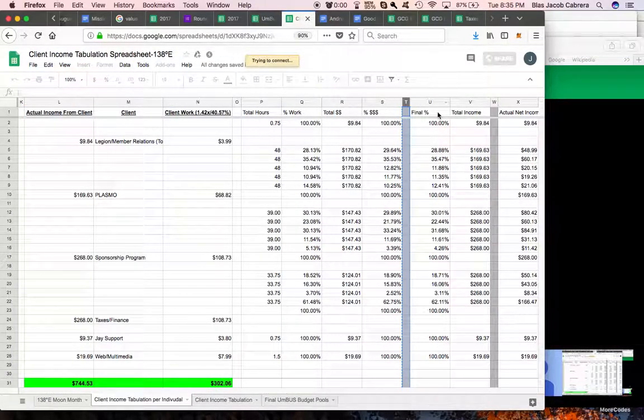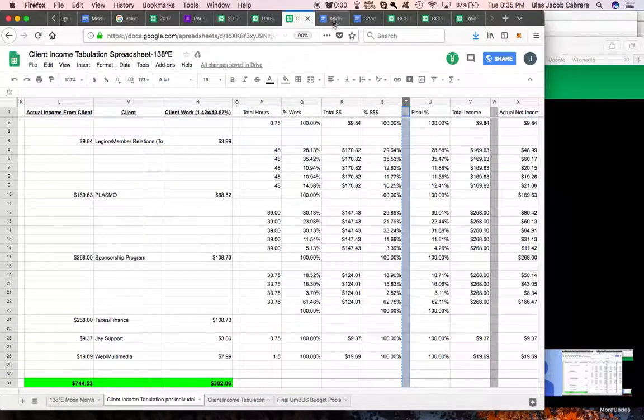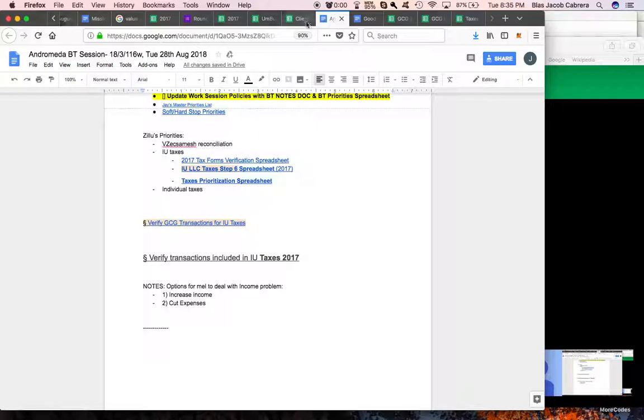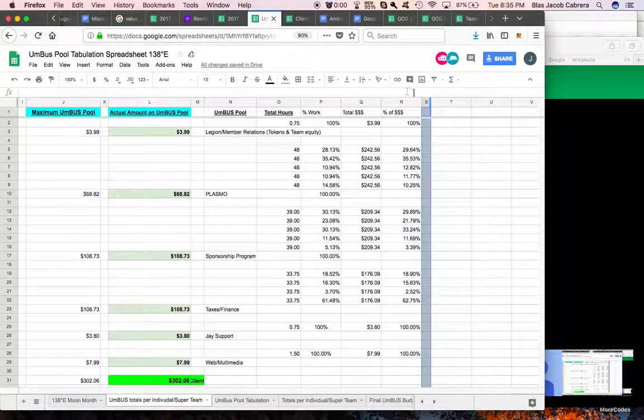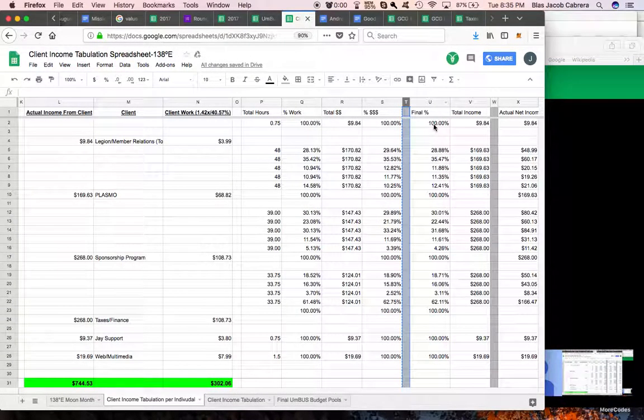And this is going to be the final percentage. So the final percentage is Q2 plus S2 divided by 2.